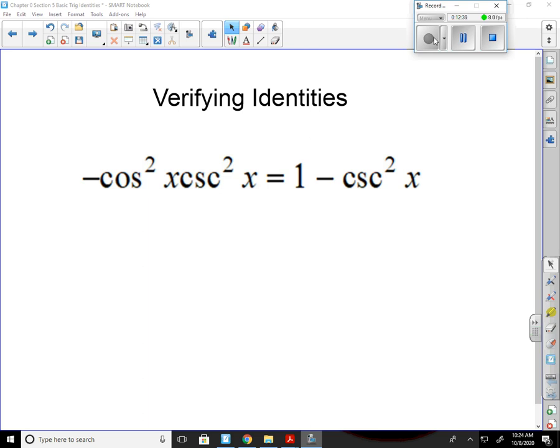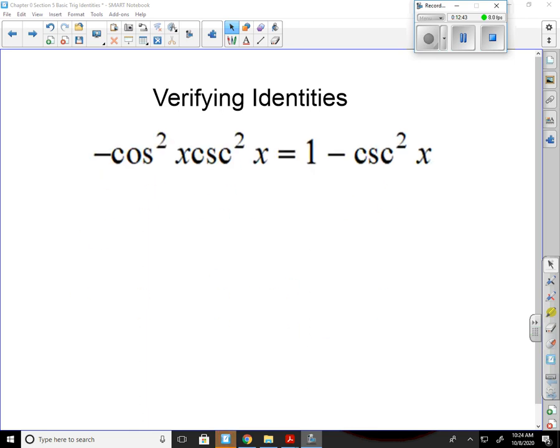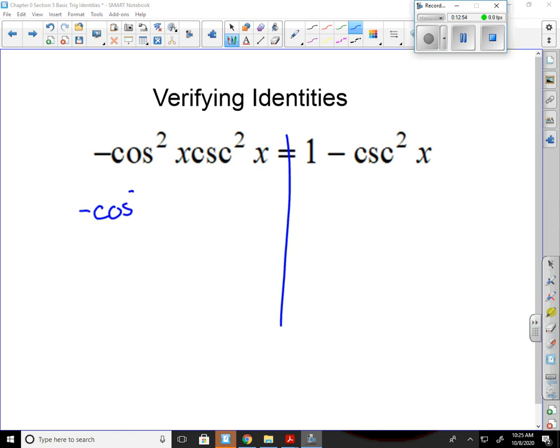So if I start with negative cosine squared of x, if I'm looking at these two, I would say that this is the more complicated side. So I'm going to start with that side. Negative cosine squared of x, cosecant squared of x. So cosecant squared of x is nothing more than 1 over the sine squared of x.